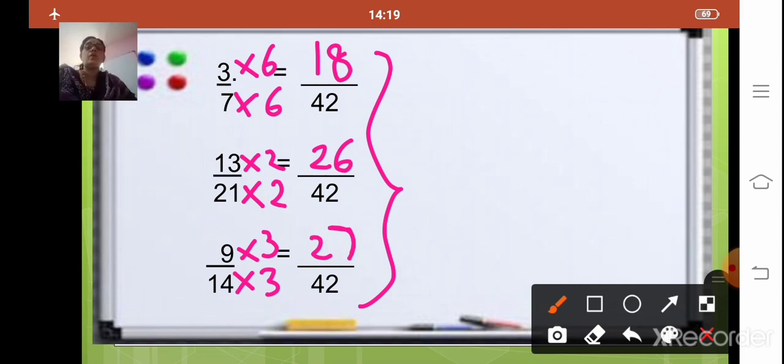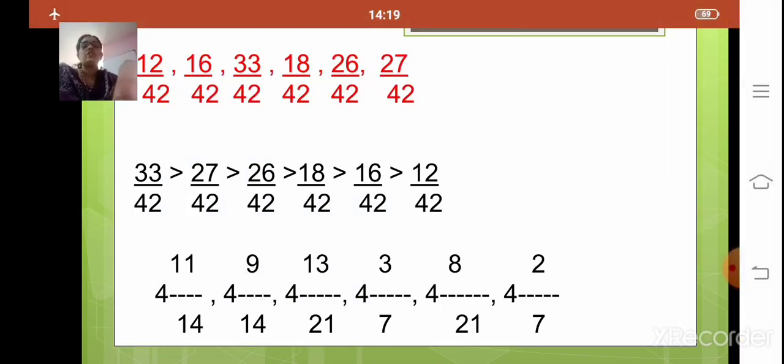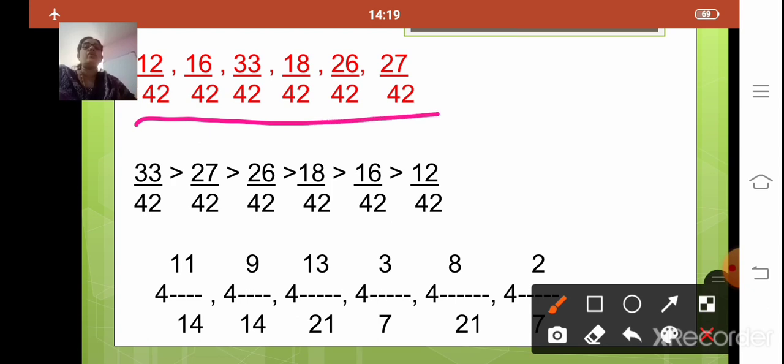Okay, now you have made all the fractions like fractions where your denominator is your LCM. Now what you will do is compare the numerators. The fractions we got were 12 upon 42, 16 upon 42, 33 upon 42, 18 upon 42, 26 upon 42 and 27 upon 42.